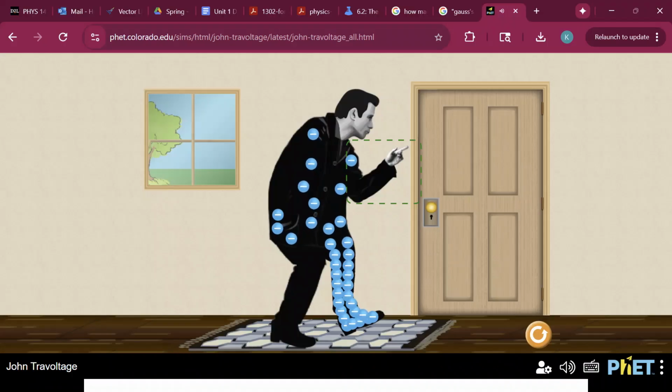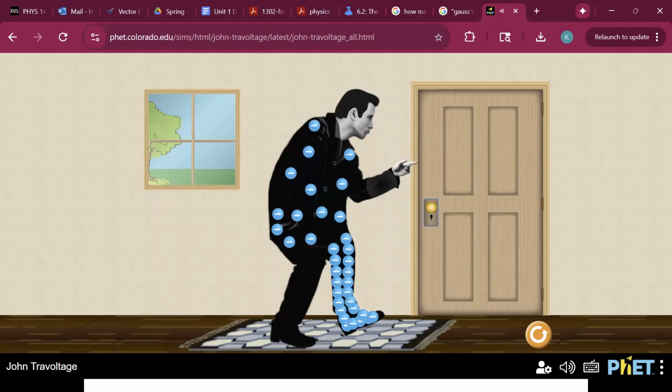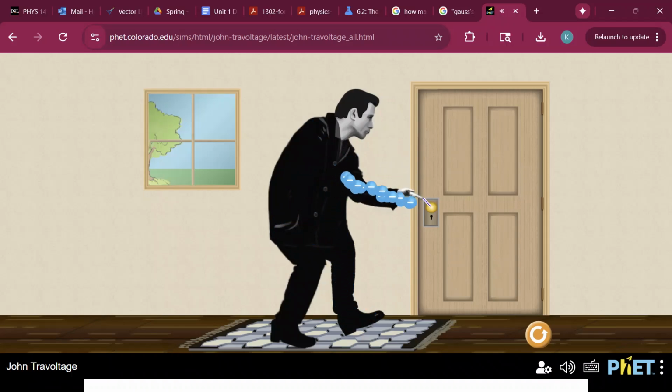But if I take John Travolta's hand right here, because he wants to go open that door, he is providing a pathway so that those electrons that are built up go towards a conductor, okay? And that is that electric shock that you feel when you touch the door. It is actually a transfer of electrons from one object to another, even without actually touching the doorknob.